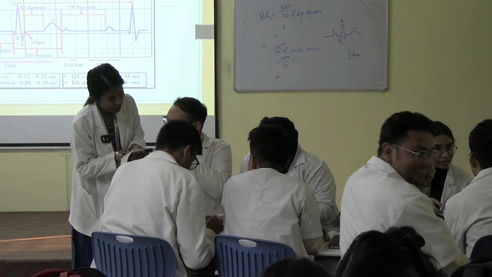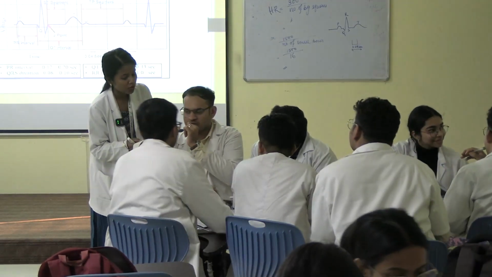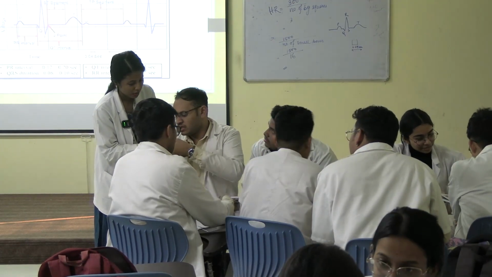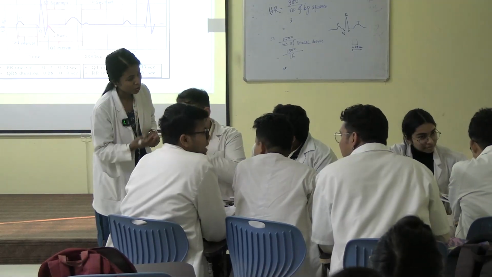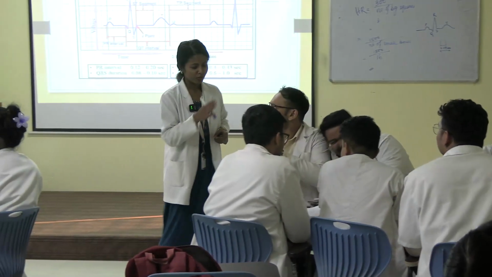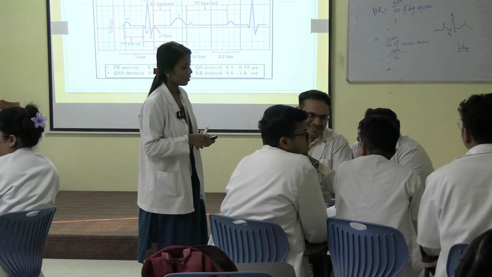No. It is supposed to be more than one box, and this is not even one box. But I think because he was having tachycardia, the heart rate also increased, so it's because of that. It needs at least one box, one or two. One small box, two boxes, 2 millimeter.